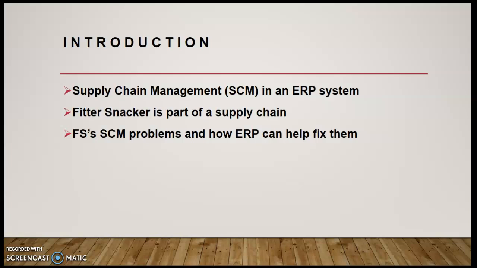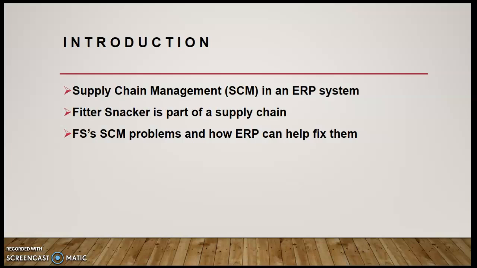In Chapter 3, we looked at Fitter's sales order process and we assumed that Fitter had enough snack bars in its warehouse to fill a typical order. Like most unintegrated manufacturing operations, however, Fitter often has problems scheduling production.